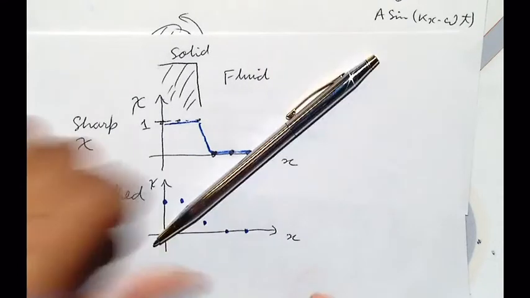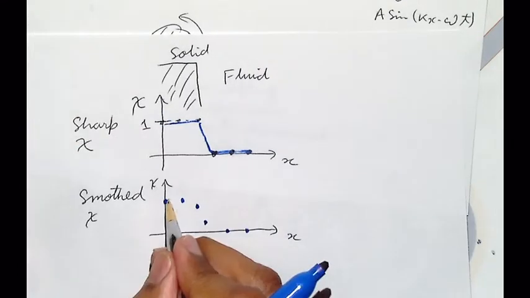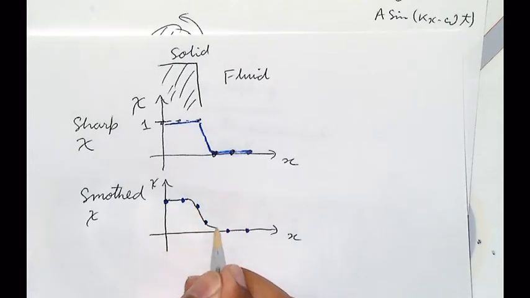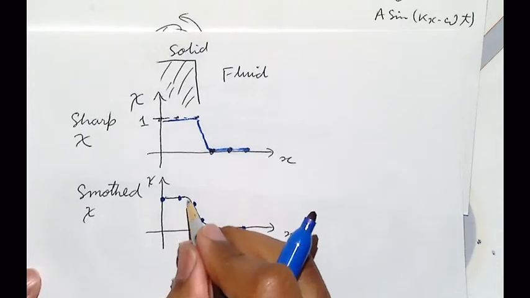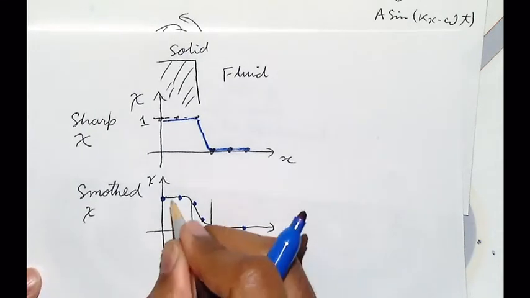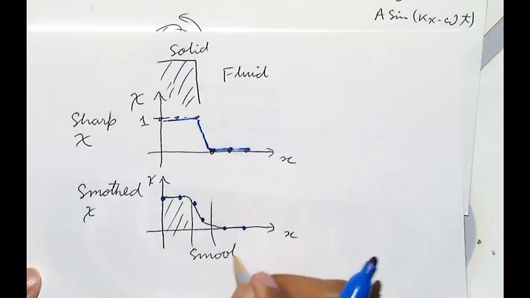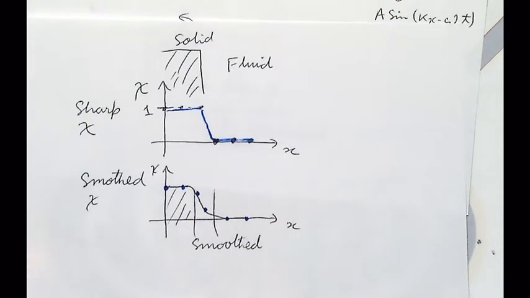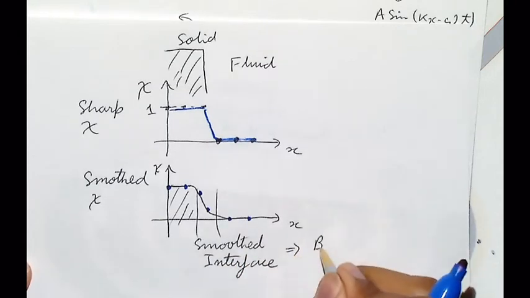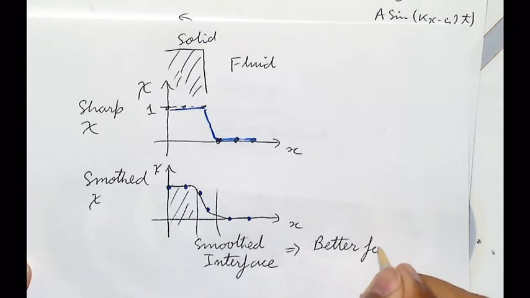So what you get is you have solid, and then the interface gets smoothed out. It's better for numerical stability.